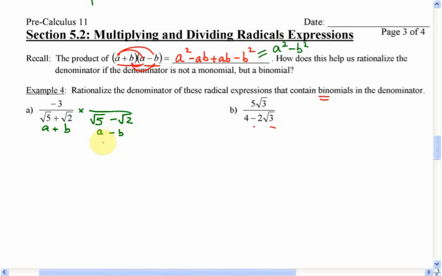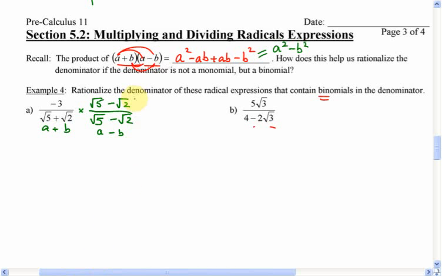Now you learn from the previous question that I just can't do that to the denominator, I got to do that to the numerator as well. So let's go ahead and do it to the numerator as well. So now go ahead, please, and start to multiply this out.